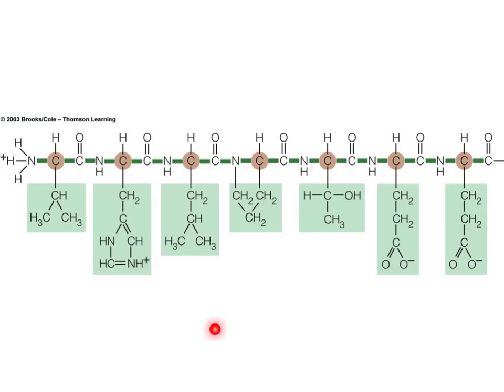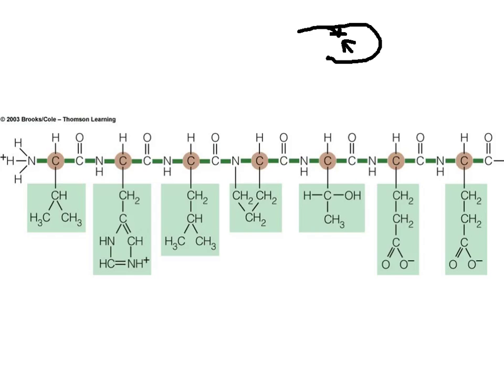These 2 are going to start to be pulled towards it, and it's going to be pulled towards them, and it'll create a loop right here in this protein. So you'll end up with something that looks kind of like this. As the positive side is attracted to the negative side, you create this loop in the protein.